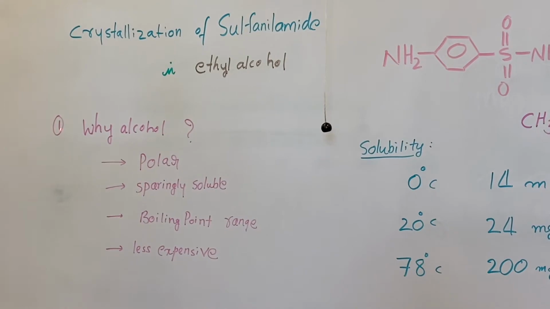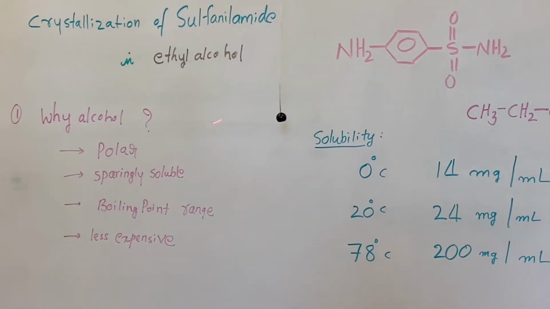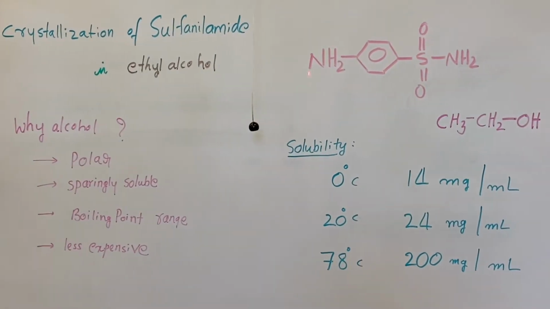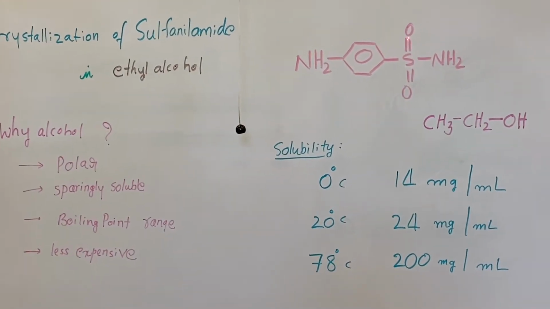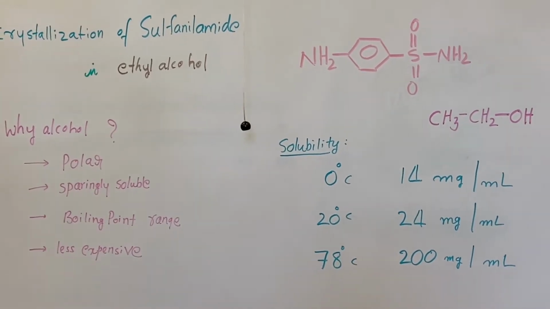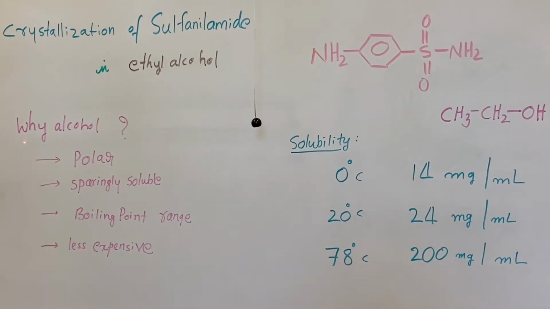Okay. So why alcohol? It is not that we chose alcohol randomly. We tried a lot of different solvents. If you look at the structure, it is polar, right? It looks polar because of all the oxygen, nitrogen, amino group and all those things. So naturally you have to choose a polar solvent. And why alcohol?